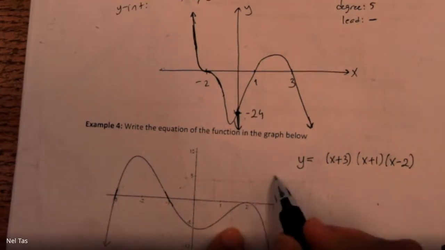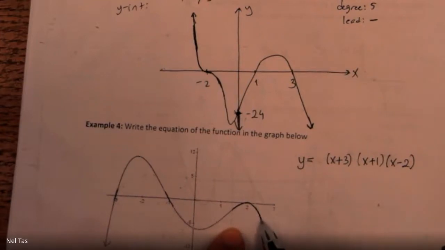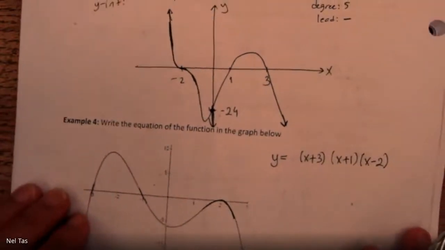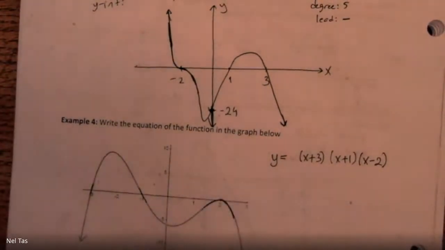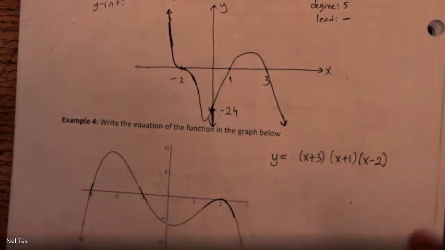It is not passing through linearly, but it is making a bounce here. It is bouncing off the x-axis. If you look at that small area, it's like the vertex of a parabola. Therefore, it is called parabolic behavior. So we put 2 there.